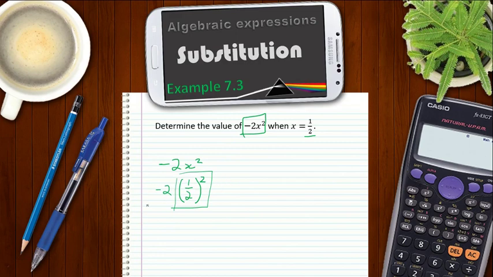So this becomes minus 2 times 1 over 4, because the square went to all top and bottom. Then if I have minus 2 over 1 times 4, I can cancel: 2 goes into itself once and into 4 twice. Then I have a negative, 1 times 1 is 1, and 1 times 2 is 2.